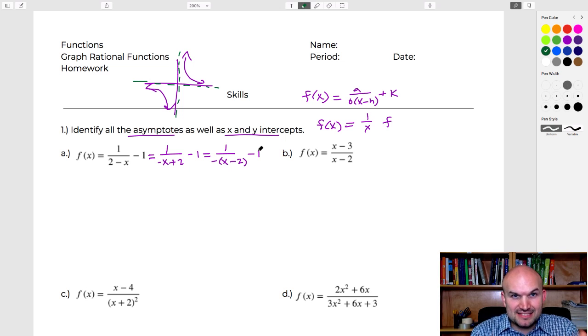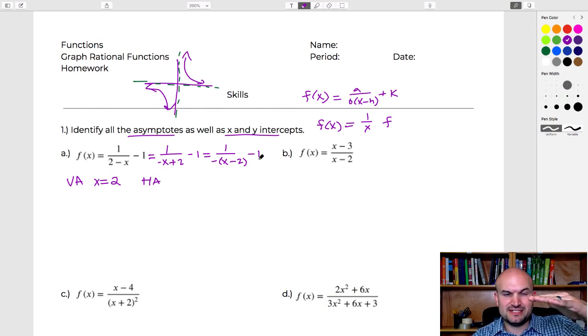So if I shift the graph 2 units to the right, that asymptote just got shifted 2 units to the right. So I can say my vertical asymptote is now at x equals 2. My horizontal asymptote, right?